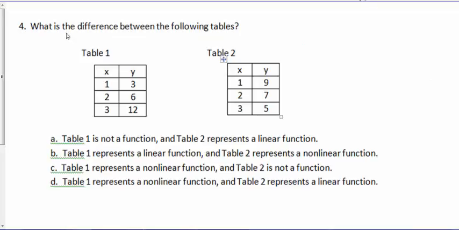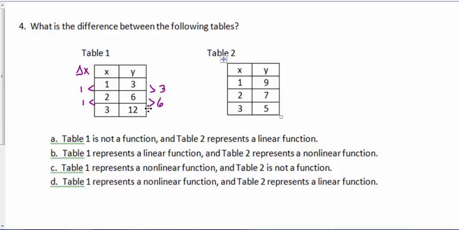All right. What is the difference between the following tables? Well, first off, let's look at slope. Change in x. So that's 1 and 1. Let's look over here. And then we have that's 3, and then that's 6.